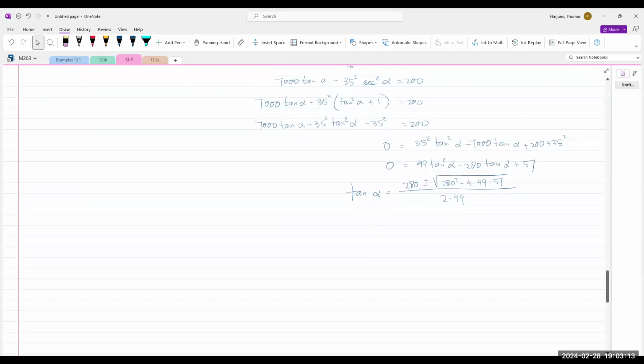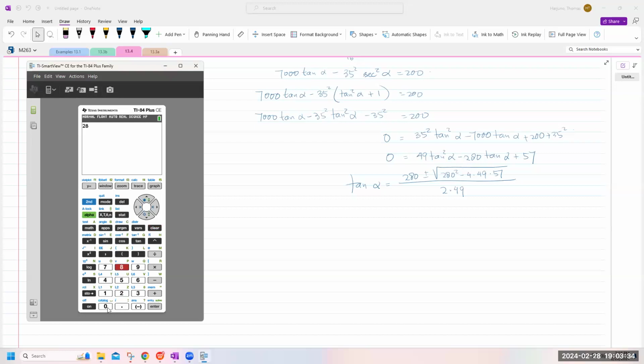Should I use my calculator? Let me do it. I still have a little time. So I use the calculator to help me. Let me share with you: 280 squared minus 4 times 49 times 57.